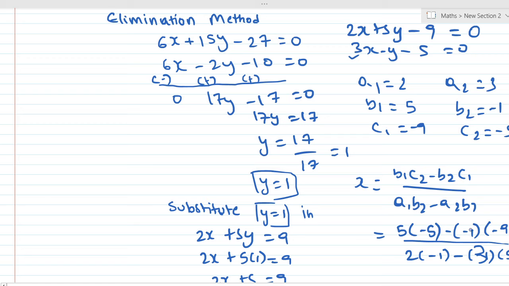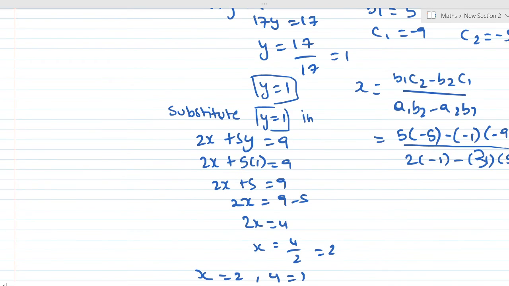So it will be 5 into minus 5 is minus 25, minus 2 into minus 1 into minus 9... minus 3 into 5 is 15. 34 by minus 17 is nothing but 2. So it will be 2. Similarly, if you substitute for y, you will get the answer as 1.